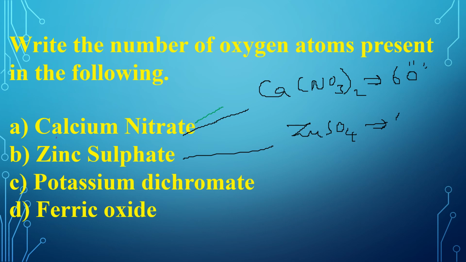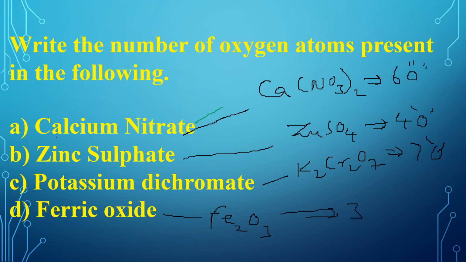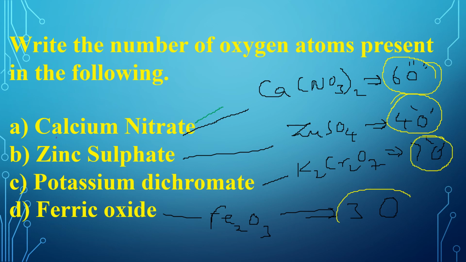It contains 4 oxygen atoms. Then potassium dichromate, K2Cr2O7. It contains 7 oxygen atoms. And finally, ferric oxide, Fe2O3. Ferric oxide contains 3 oxygen atoms. So the first compound contains 6 oxygen atoms, then 4, then 7, and finally 3 oxygen atoms.